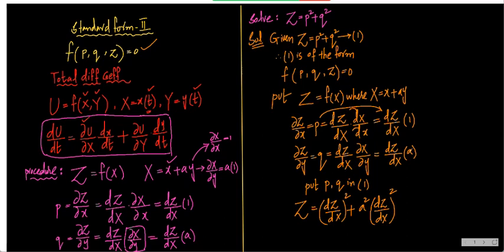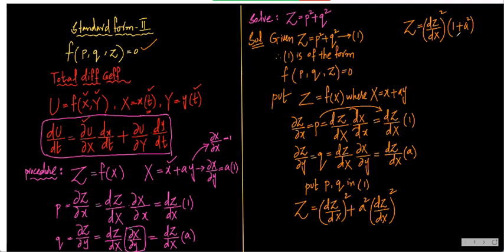What we should take common? Can you tell me what we should take common? Z is equal to, we can take dz by d capital X as a common term now. This common term whole square into what's left out? 1 plus a square left out. Correct?